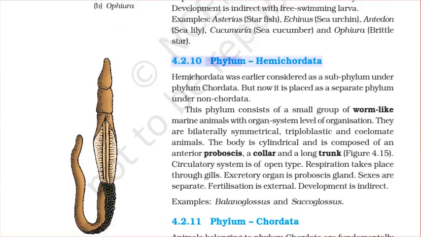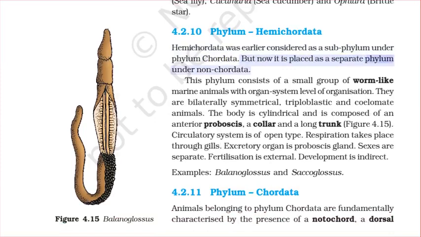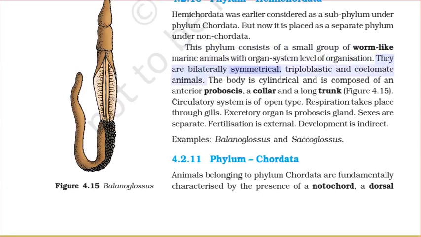4.2.10 Phylum Hemichordata. Hemichordata was earlier considered as a subphylum under phylum Chordata, but now it is placed as a separate phylum under non-Chordata. This phylum consists of a small group of worm-like marine animals with organ system level of organization. They are bilaterally symmetrical, triploblastic, and coelomate animals.